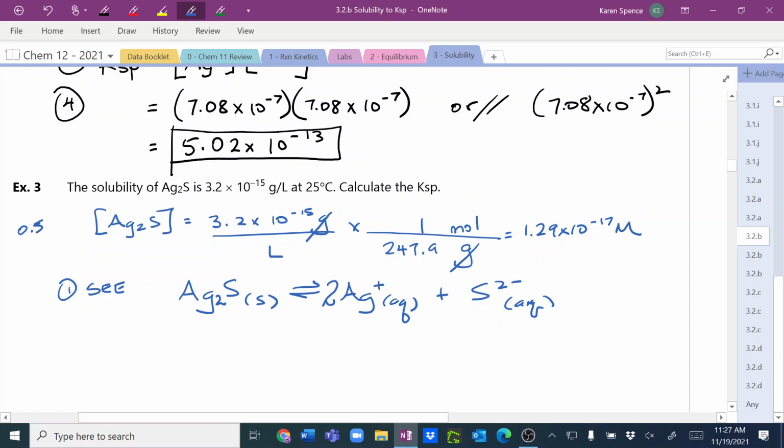So that's going to be 0.5. If you forgot your charges, take off 0.25. If you forgot your states, take off 0.25. Okay? So states and charges.